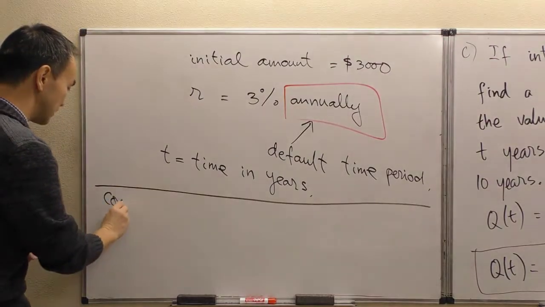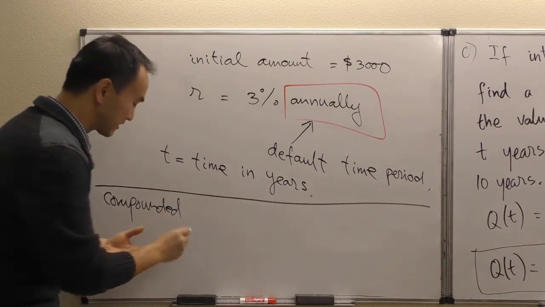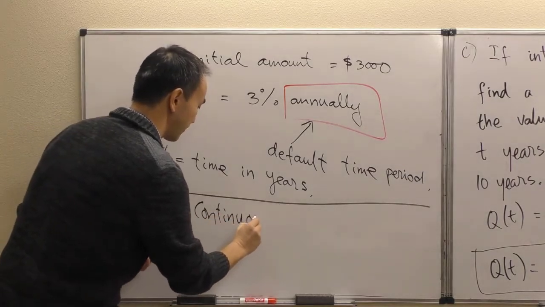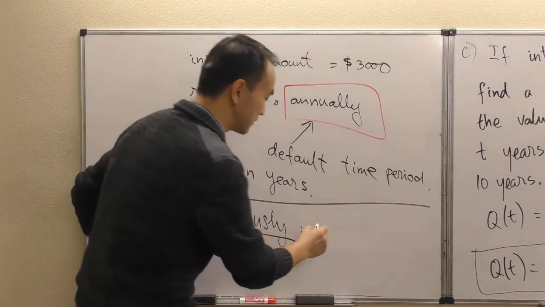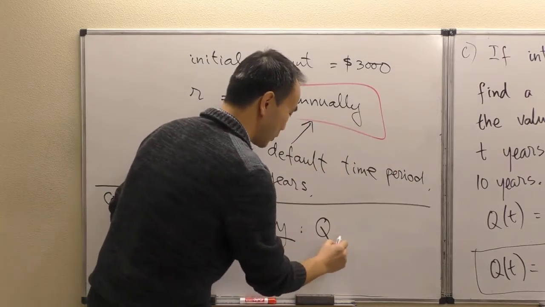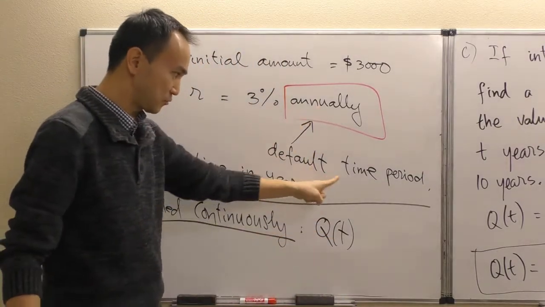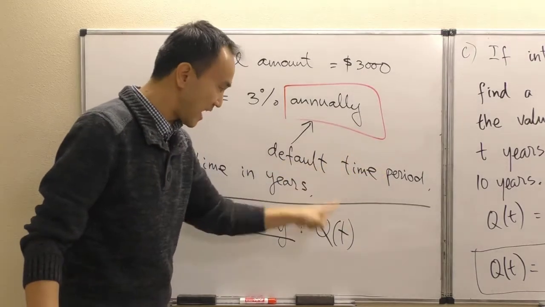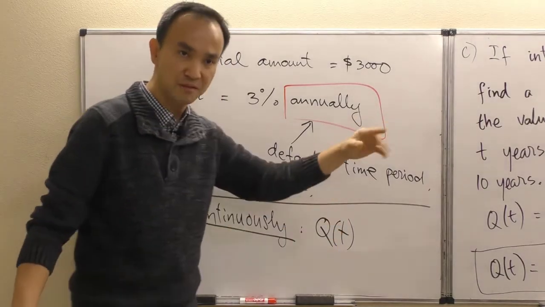So if we're compounding our interest continuously, then we have seen throughout example 1 in part C particularly that the quantity at any time t years. So just like that, once we have set out a default time period, then that amount of time period is how your time variable is being measured.